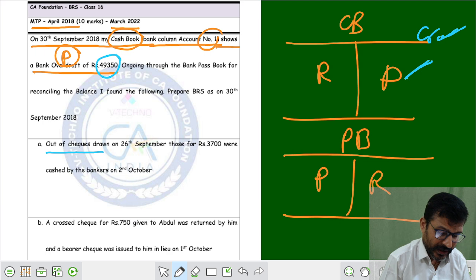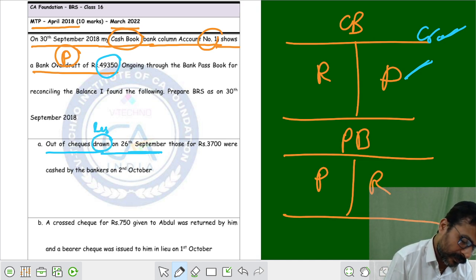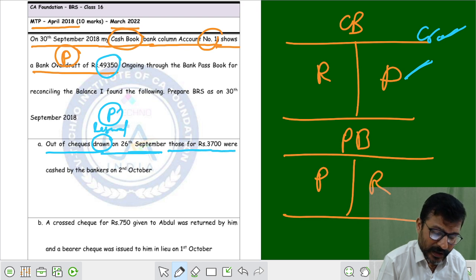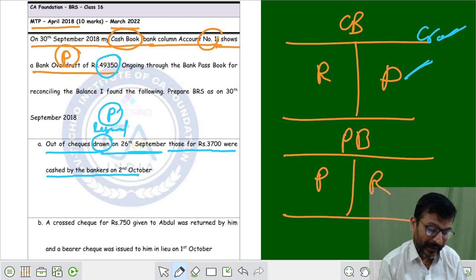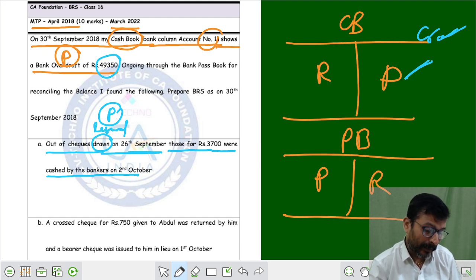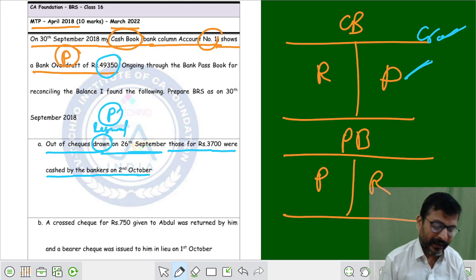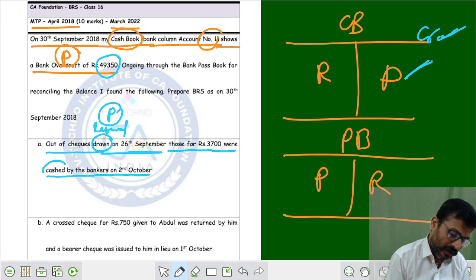Out of the checks drawn on 26th September, drawn means what? Issued. Issued means payment. Those for 3,700 were cashed by the banker. What do you mean by cashed by the banker?